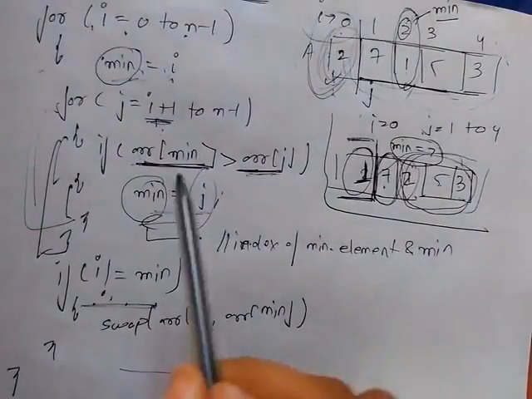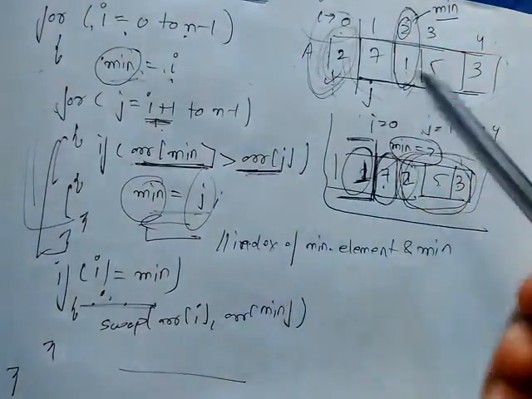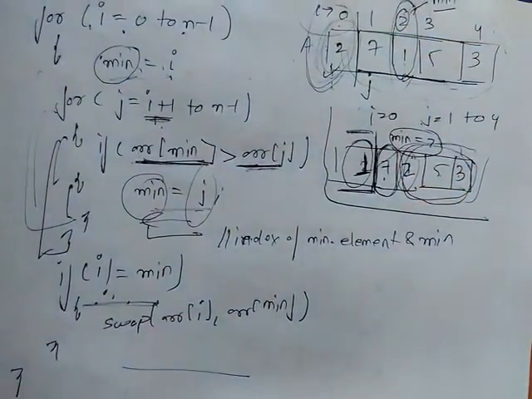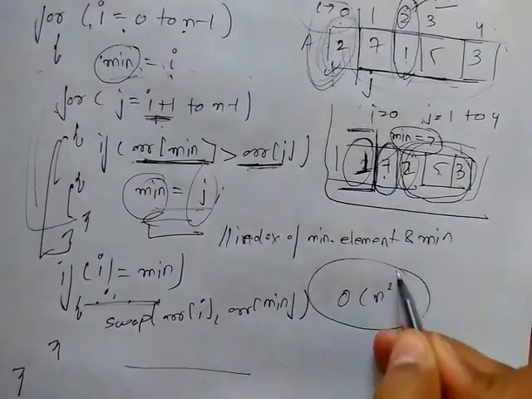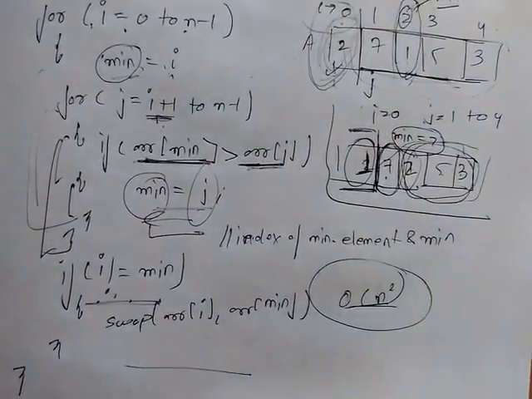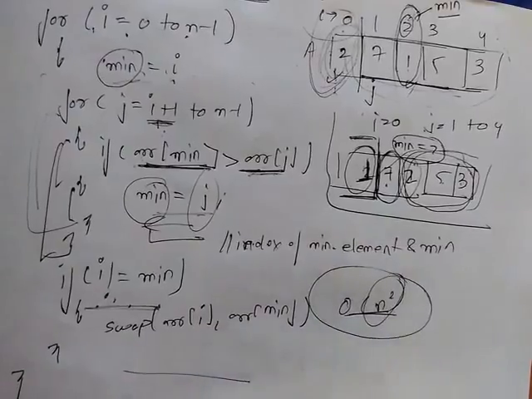At every iteration of the for loop, swapping would be required. And it varies as O of n square. And what is this? This is the complexity, which means that the time complexity will be according to the square of the number of inputs provided.